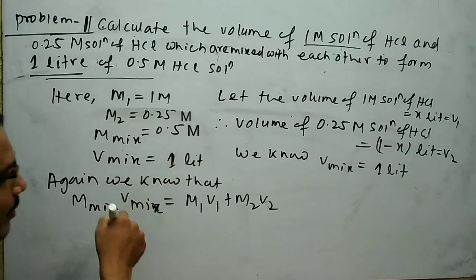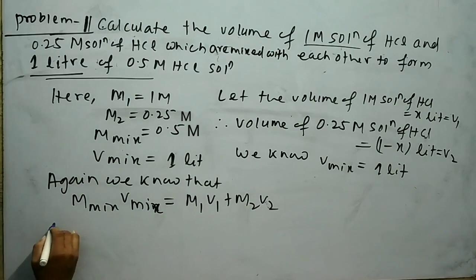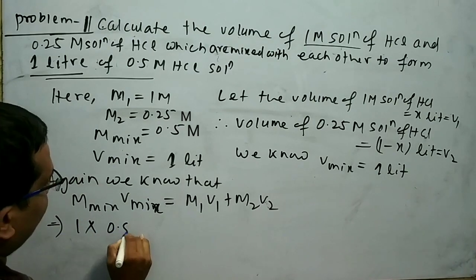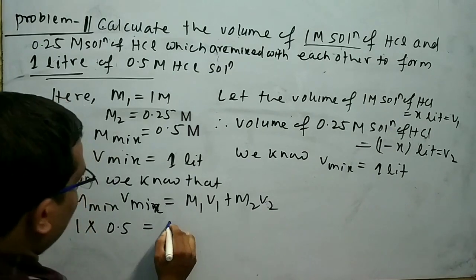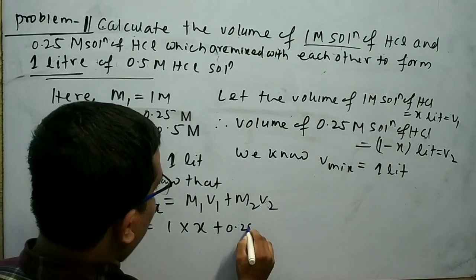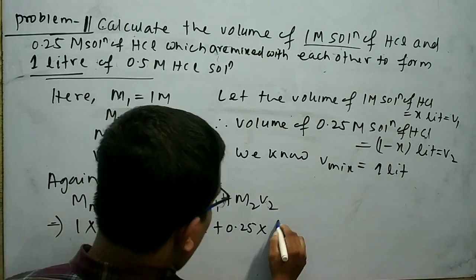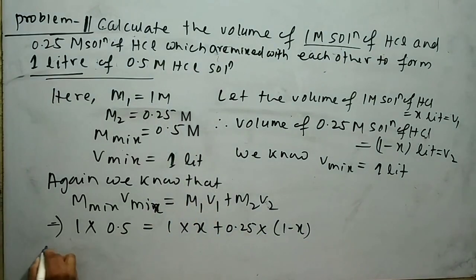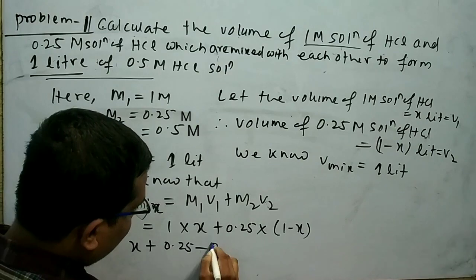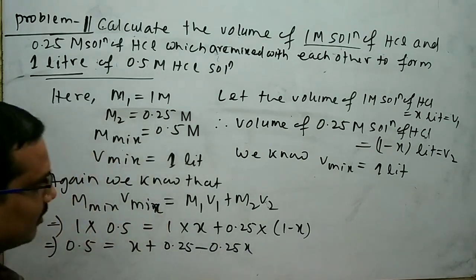Now put all the value in this relation. Then I can write 1 into 0.5 equal to 1 into x plus 0.25 into 1 minus x. Imply that I can write 0.5 equal to x plus 0.25 minus 0.25x.